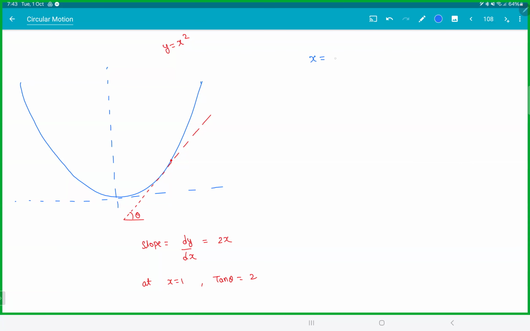Now look at this. The x coordinate is nothing but ux into time, and you said u is constant, so this is ut. And obviously acceleration ax is 0 since ux is constant. That is in x direction.